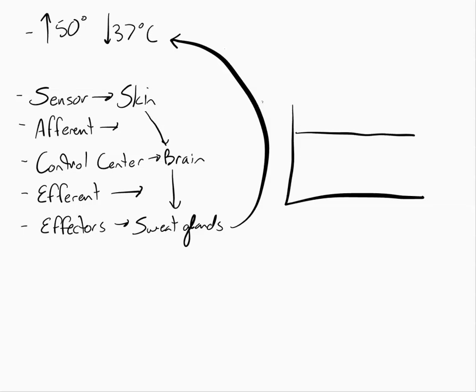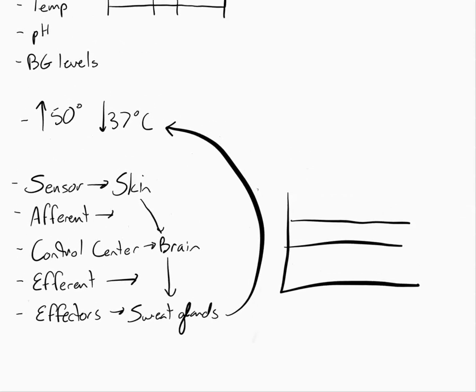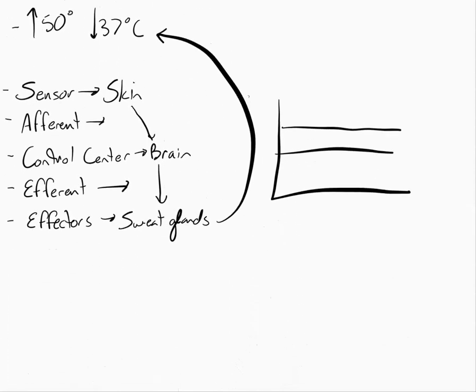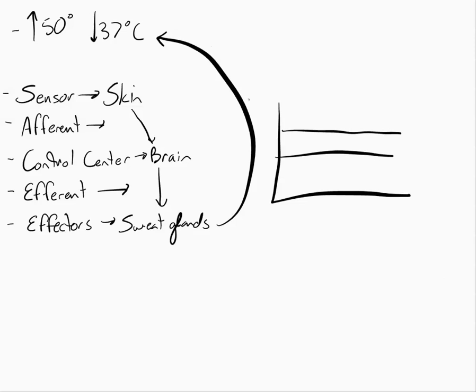And so here is our range of where our set point is. Let's say this side is temperature, we can say just degrees Celsius, and this is time. And so our body is going to be fluctuating here, back and forth.